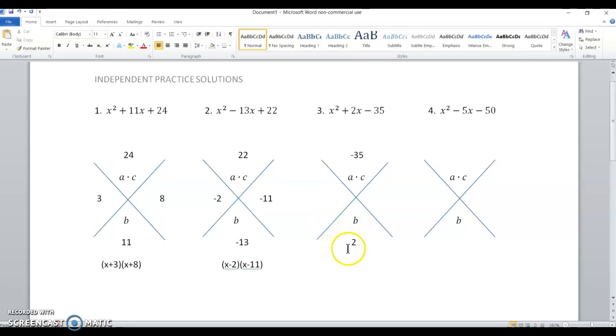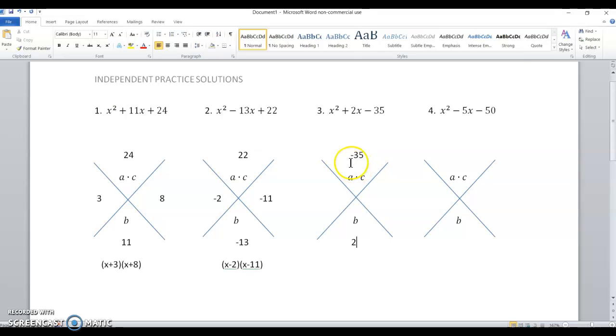And if they add to a positive 2, well, we're going to have two numbers, but the bigger one is going to have to be positive because when you add a positive and a negative, the sign of the bigger number will be the sign of your answer. So we have two numbers, one positive, one negative. The bigger one needs to be positive because we're adding to 2.